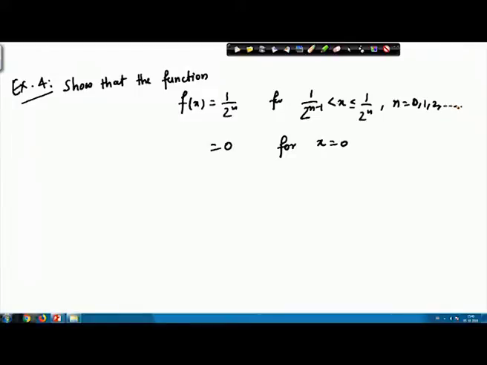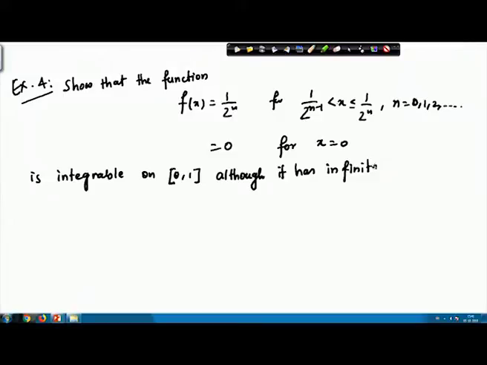Now, is integrable on [0, 1], although it has an infinite number of points of discontinuity.